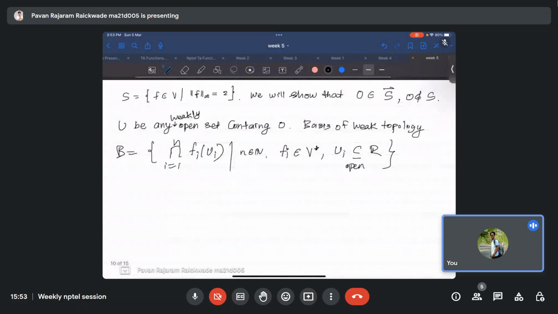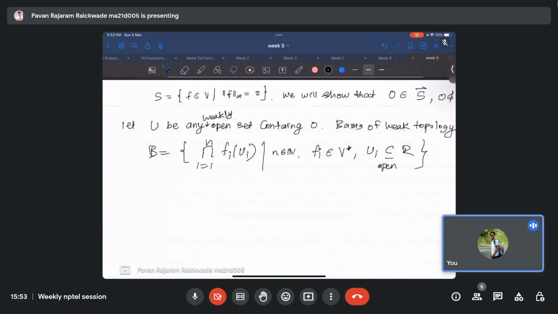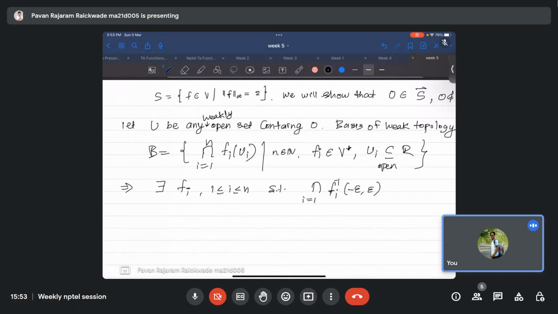Now since U is a weakly open set containing 0, it has a basis element, right? So there exist some phi_i's, 1 less than or equal to i less than or equal to n, such that the intersection of phi_i inverse of the open set minus epsilon to epsilon, i going from 1 to n, is contained in U. This step you should go through once again when you redo it, because it is a crucial step.